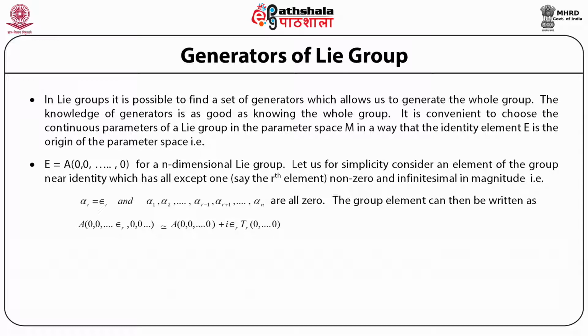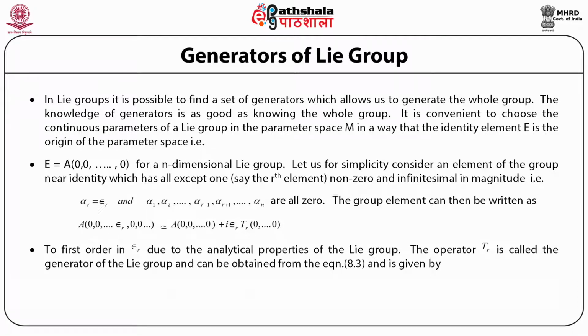So it's something like the first term in the Taylor expansion. So we have this element evaluated at infinitesimal parameter epsilon r equal to the element where all the parameters are 0 plus this infinitesimal amount multiplied by an operator T r, to first order in epsilon r.